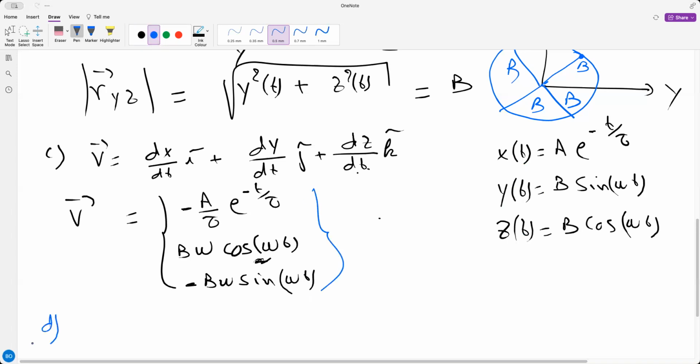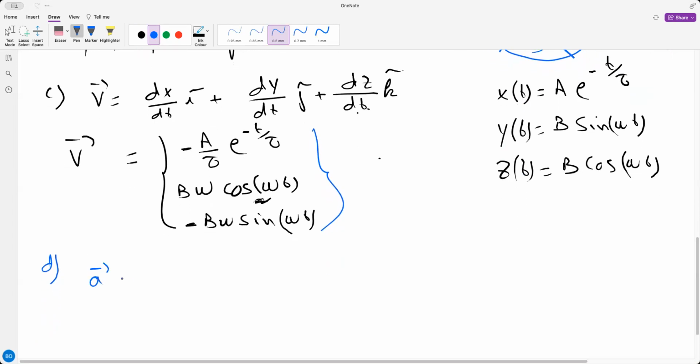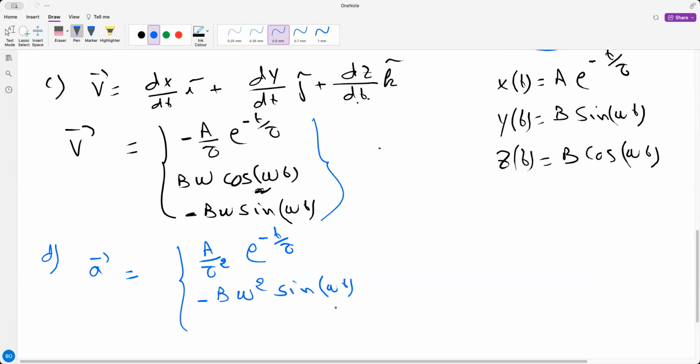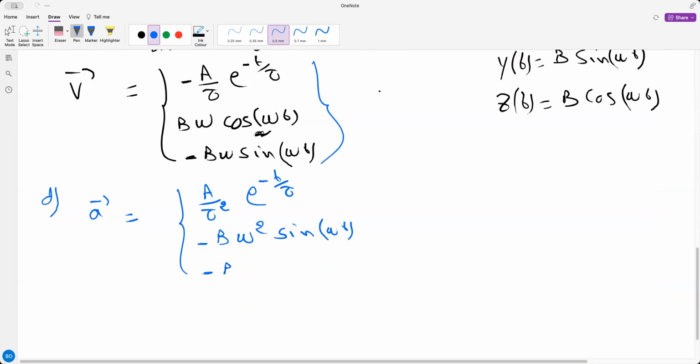And if we go to the components of the acceleration, which are the second derivative of the position or the first derivative of the velocity, we get a over tau squared exponential minus t over tau, and here it becomes minus b omega squared sine omega t, and then it also becomes minus b omega squared, but this time cosine omega t. So those are the components of the velocity and the acceleration.